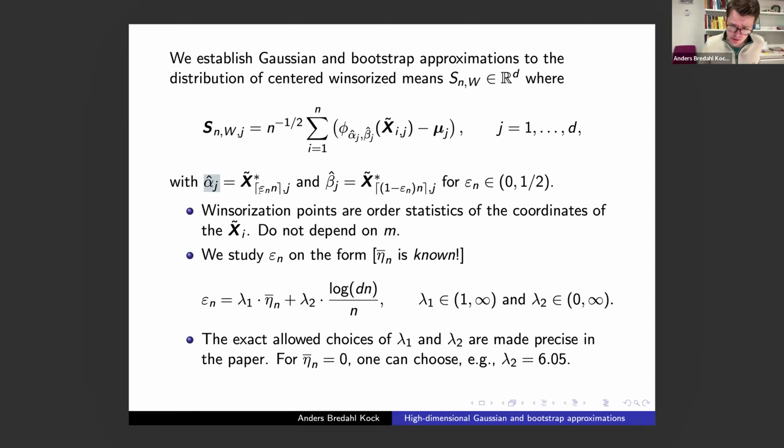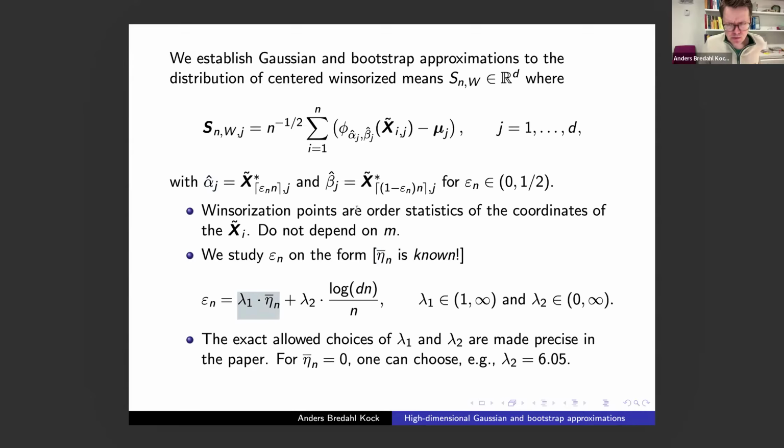So what do I have to say about the choice of epsilon n? Well, we study epsilon n of the following form. We suppose that we know an upper bound on the fraction of contamination. Then epsilon n is of this form here: lambda 1 times eta n, where lambda 1 must be strictly greater than 1.